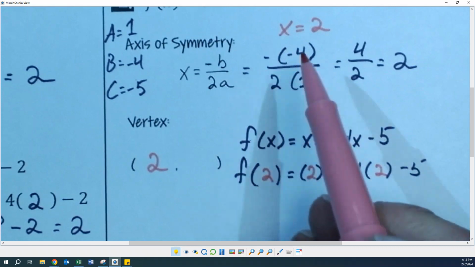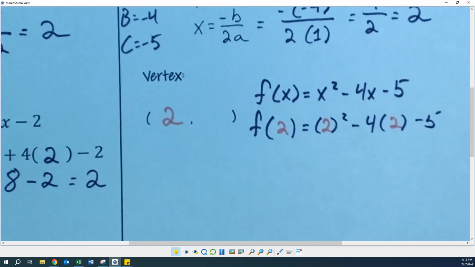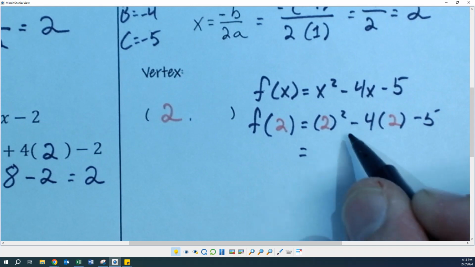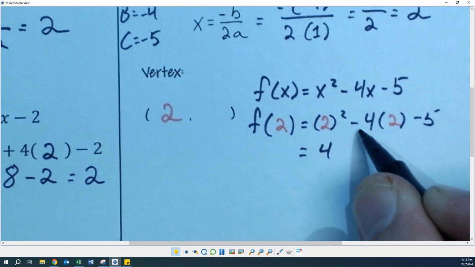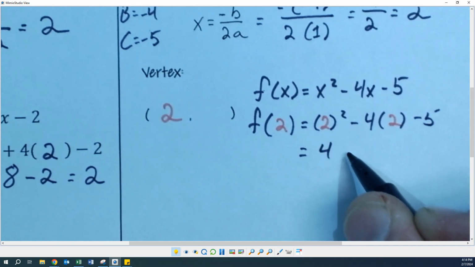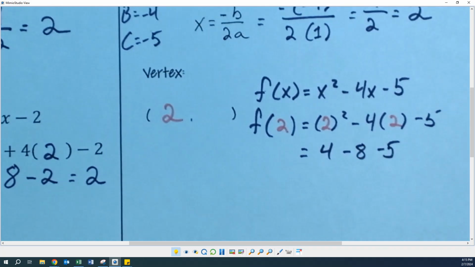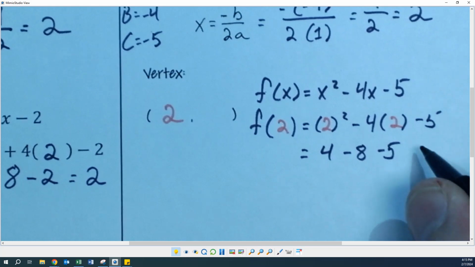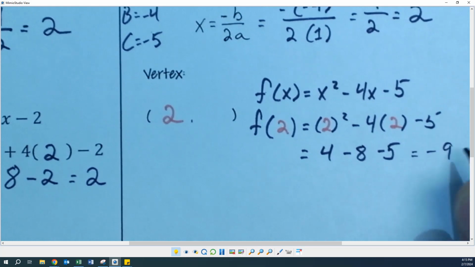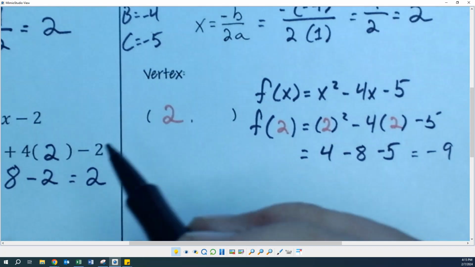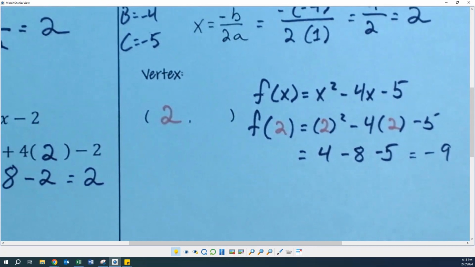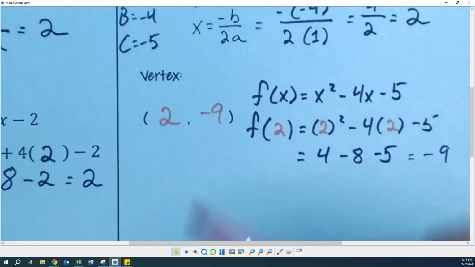That's why we always use parentheses. Okay? 2 squared is 4. Negative 4 times 2 is negative 8. Minus 5. 4 minus 8 minus 5 is negative 9. So my y value at my vertex is negative 9.